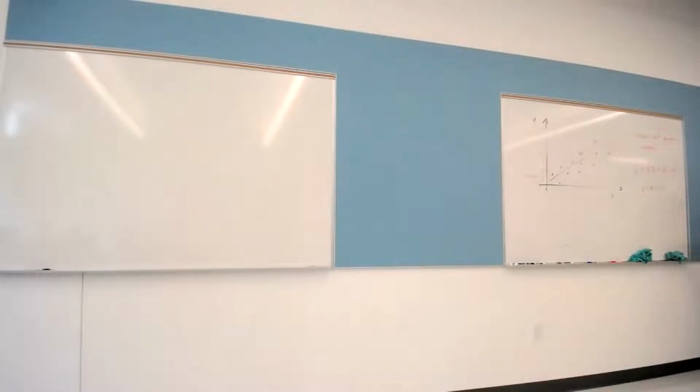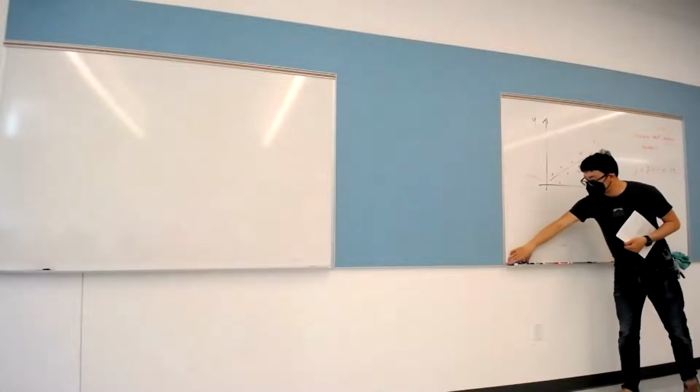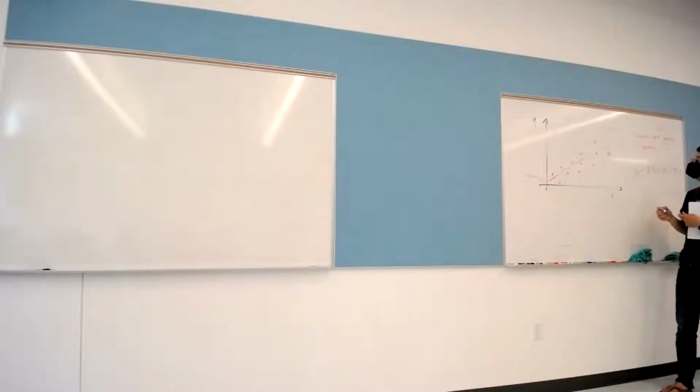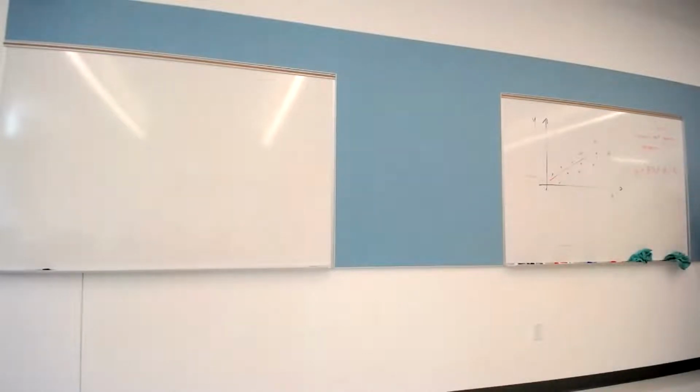Okay. What are these little i's and why do we have this epsilon i over here? Each i represents an individual data point, so each of these i's represents an individual x here. And this term is known as your random error term.